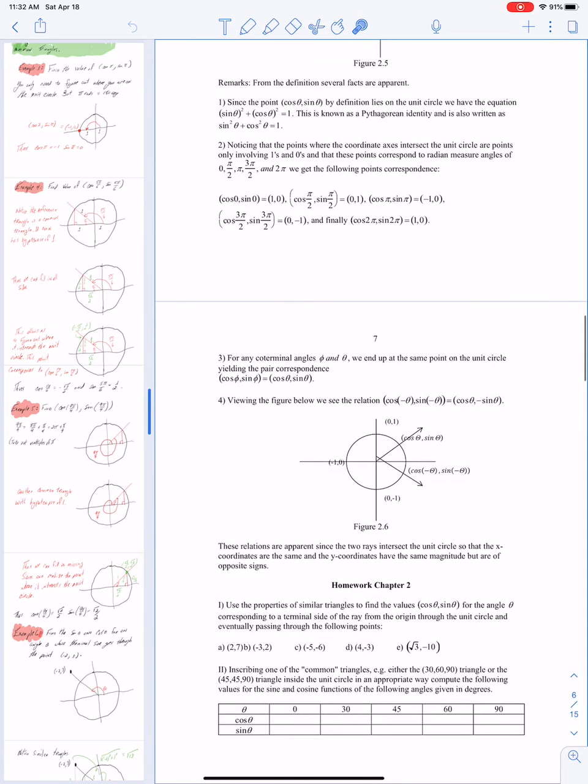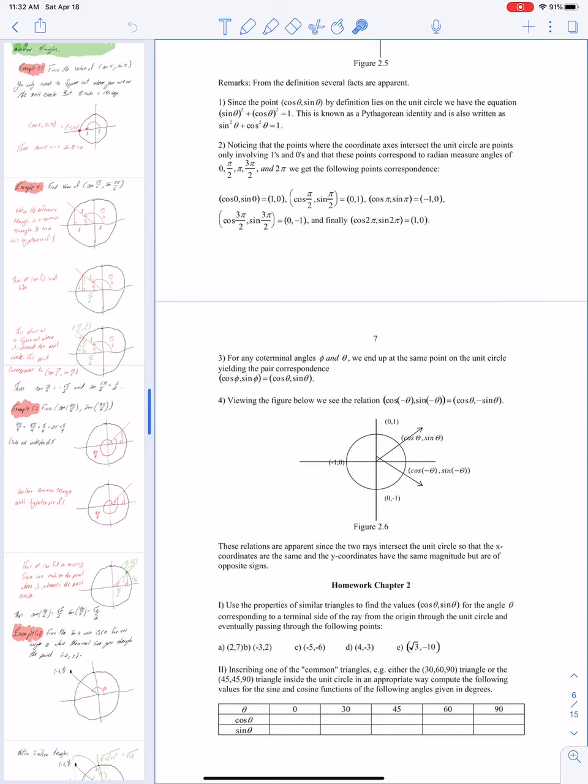What's another thing that we can notice? Well, okay, so suppose I take an angle theta, which means I start here and I walk up. Cosine of theta, sine of theta, that's the coordinates of this point. Well, what if instead I walk in the opposite direction? Remember, my angle is negative if I walk clockwise. Then this point would correspond to cosine of minus theta, and sine of minus theta.